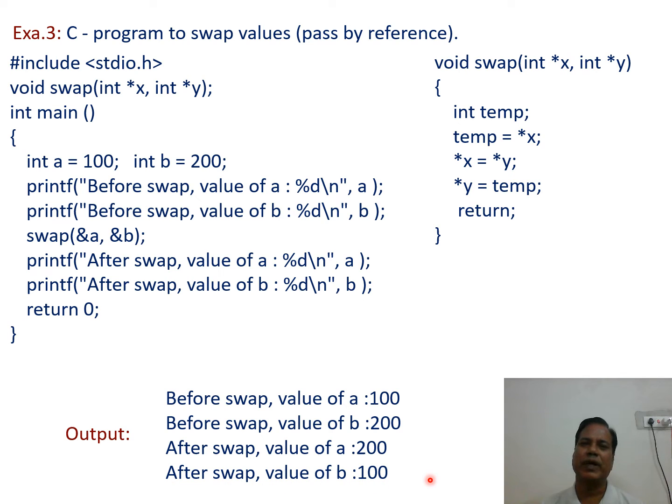So in this way we discussed how values are passed by reference while calling the function. In the previous example we saw that when a function is called, the actual value is passed to the called function, but here a reference is passed, memory locations are passed to the called function.